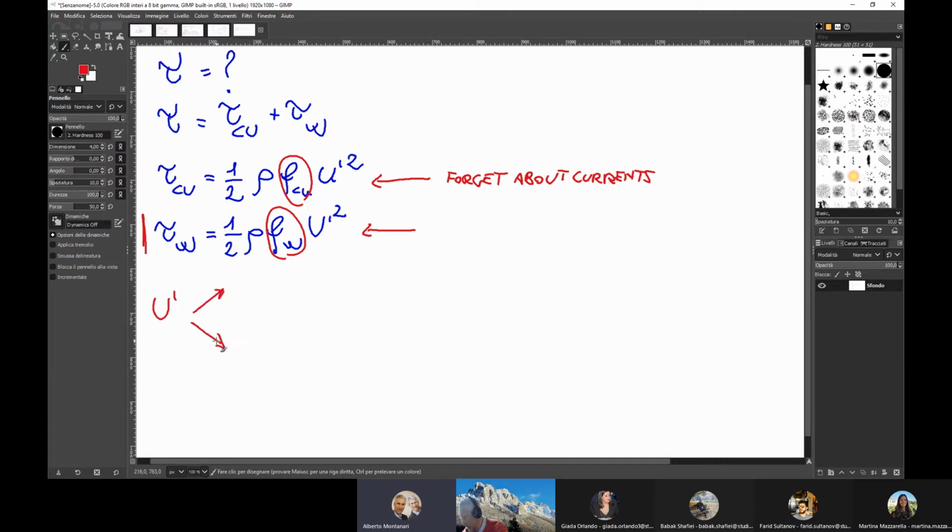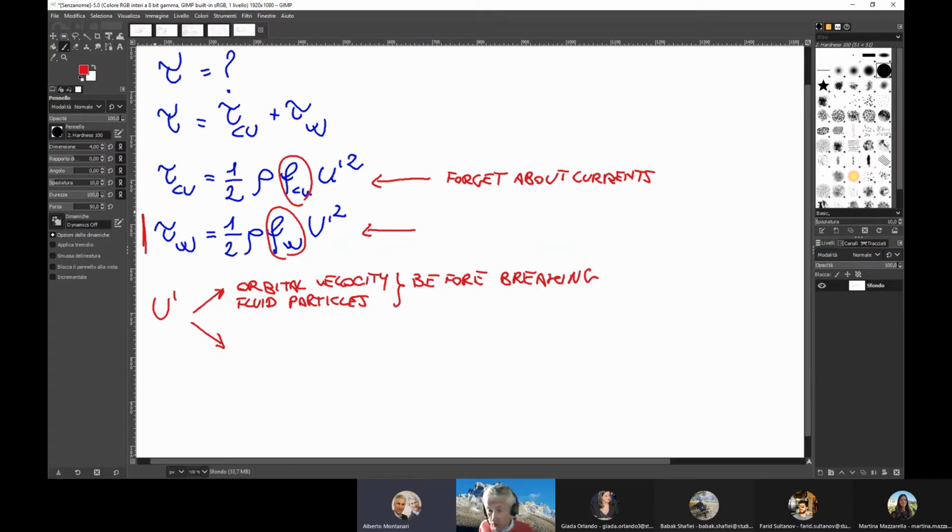You may refer to the orbital velocity of fluid particles, and this is before breaking. So you know that before breaking, waves imply a transfer of energy, not a transfer of mass. But still, there is a limited orbital velocity which causes some particles to move.